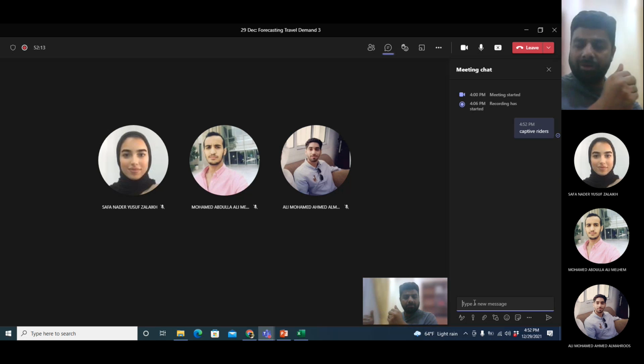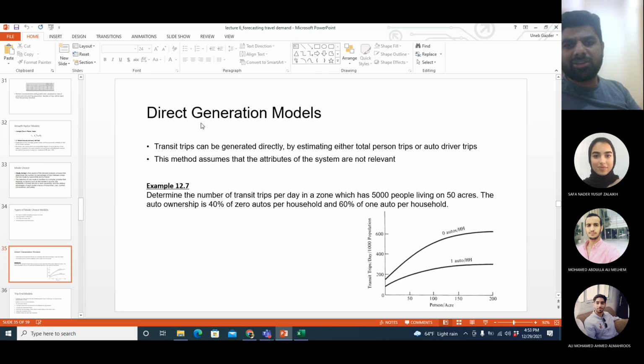They spend 1 hour 90 minutes in their trip. They will accept all these things because affording a bike or a car is not possible for them. So these are known as captive riders, and this is the assumption which is made in the direct generation models, that travelers are captive riders.